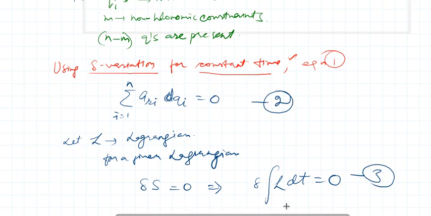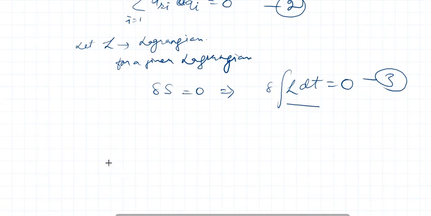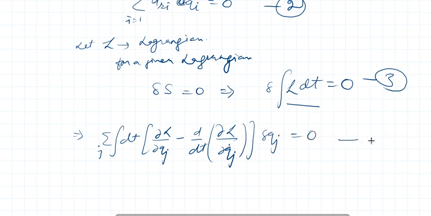So if I put its value, it's from the previous lectures, then it becomes summation over j, integral dt, curly L over curly qj minus d upon dt curly L over curly qj dot, delta qj must be equal to 0. Means Lagrangian must follow this equation.